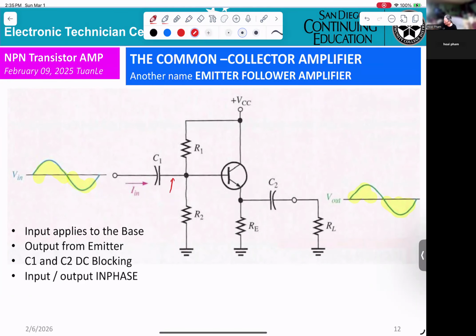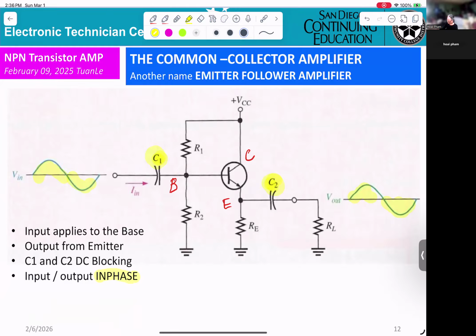This is the base, this is the emitter, this is the collector, C1 and C2. C1 is DC blocking, C2 also DC blocking. Input and the output will be in phase.